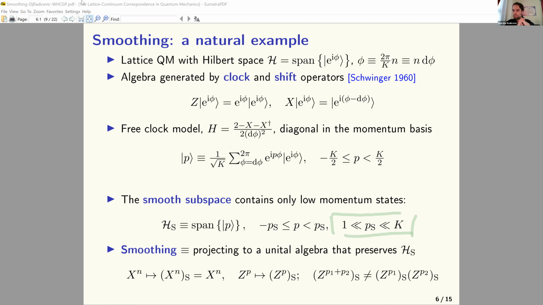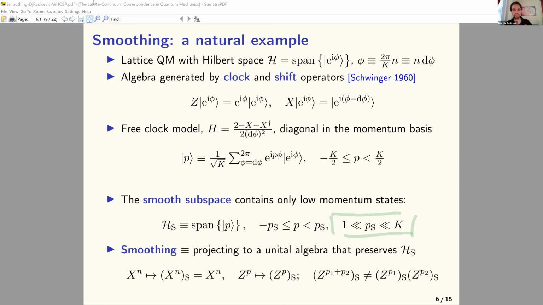And then what I call smoothing is a projection from the original algebra of operators, which is essentially the algebra of all k by k complex matrices, to a unital algebra, which just preserves the smooth subspace. So there are a few choices that we can make. They don't matter that much for the purposes of this talk.